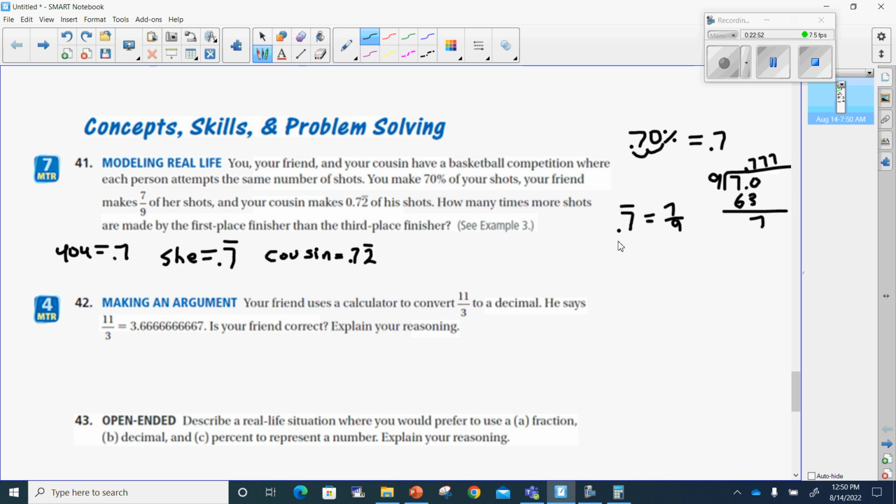So now we have the first place person and we have the third place person. It says how many times more shots are made by the first place finisher than the third place finisher. To do this, we're going to need our calculator.